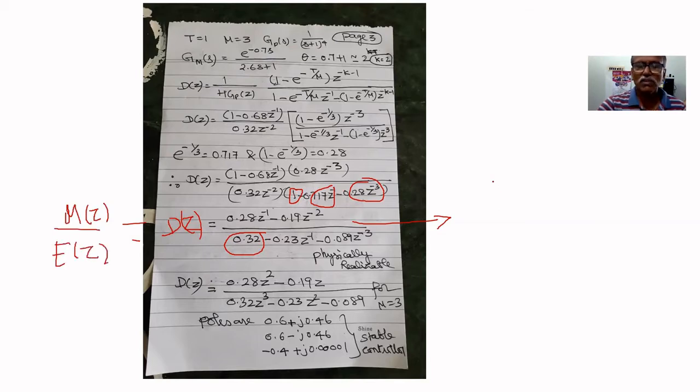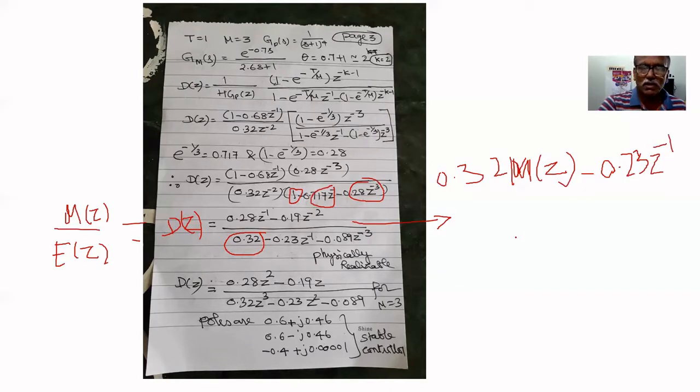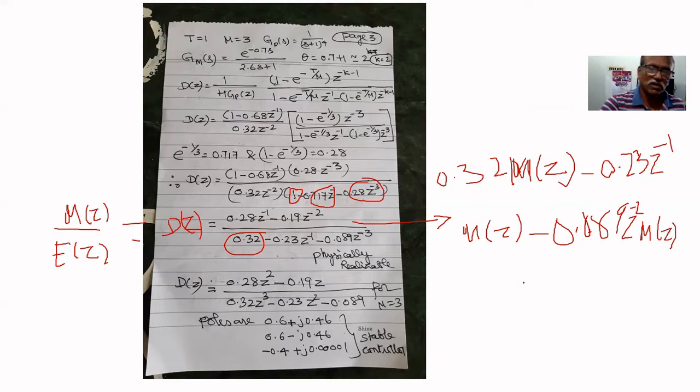So if you cross multiply this, what you will get is 0.32 M of z minus 0.23 z power minus 1 M of z minus 0.089 z power minus 2 M of z, like that we have to write, equal to, you have to bring E of z here to the right hand side.